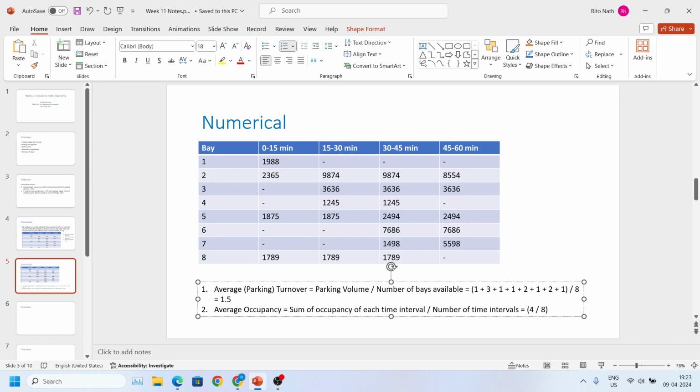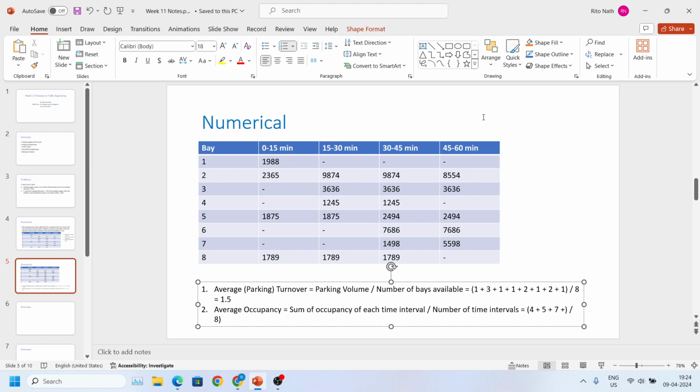Then for the next one, 5 of them are occupied out of 8. So I can write here plus 5, because the denominator remains 8. Then for the next one, 7 of them are occupied, only 1 of them is empty. So this is 7.